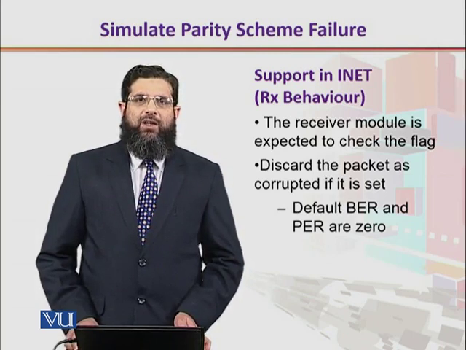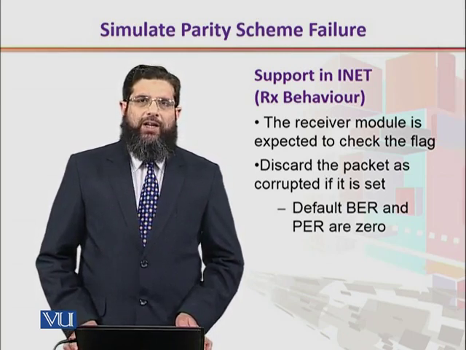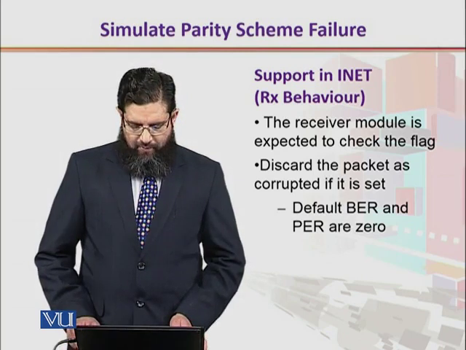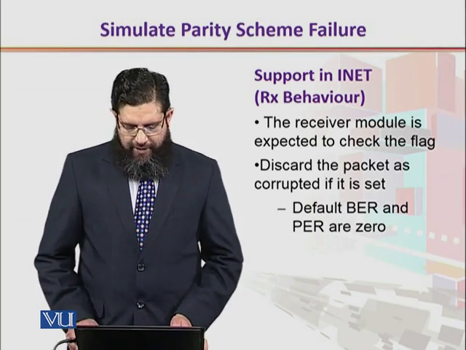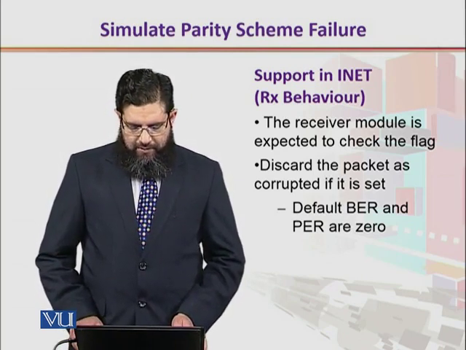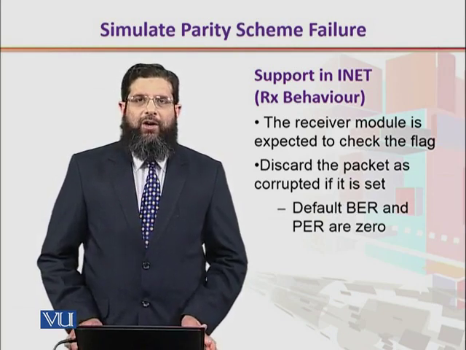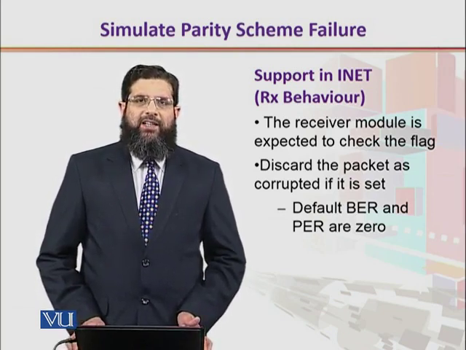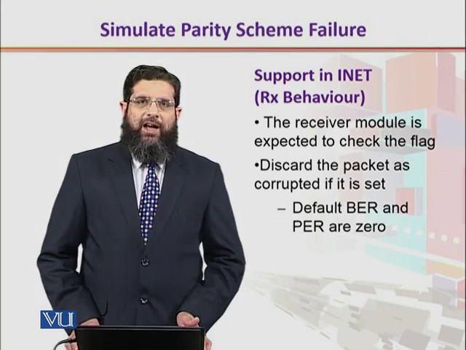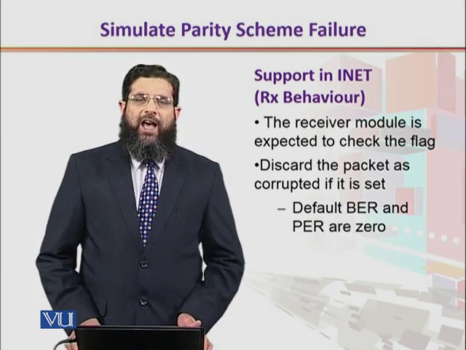So when the receiver realizes that the packet object now contains a flag bit, it discards the packet, considering it to be corrupt. That is why we see that the sender and receiver have established a kind of communication link which is error prone.